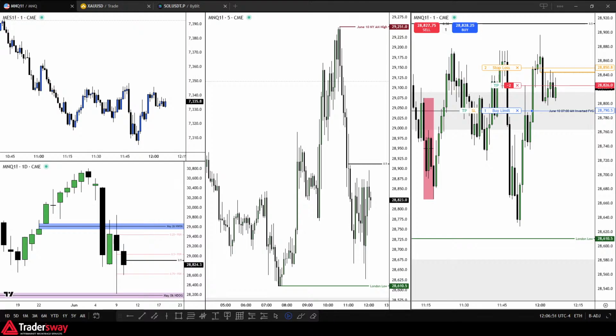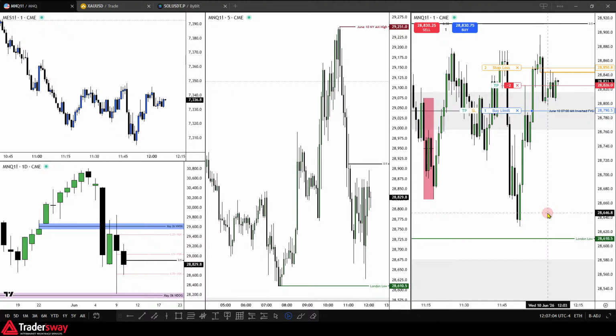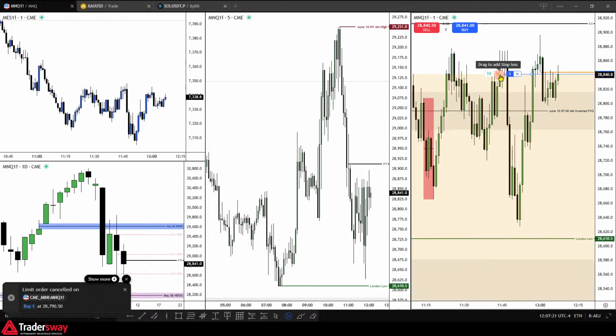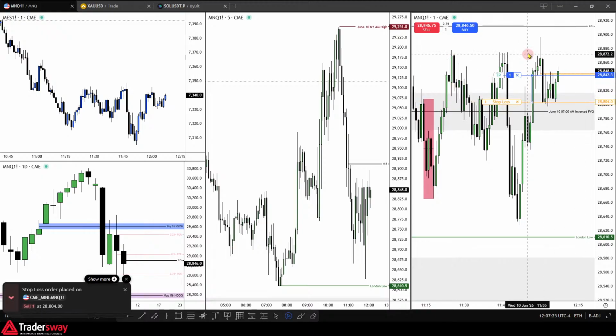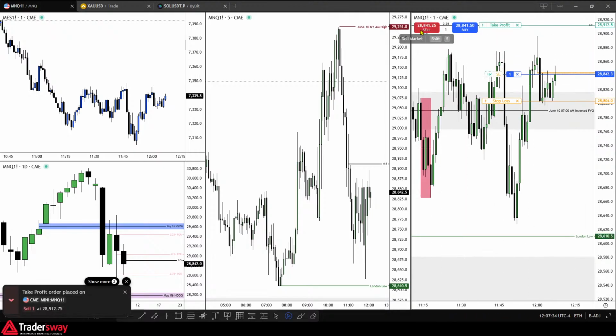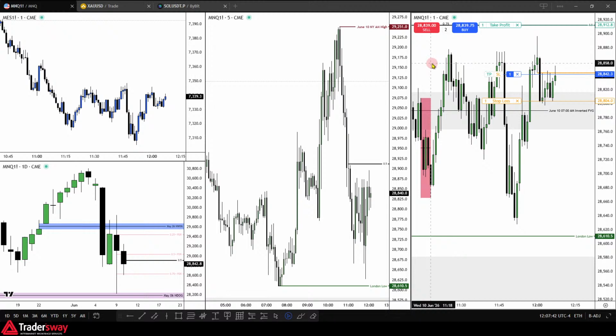Not much. Invert that trade. Close lower. I will press the sell button again.